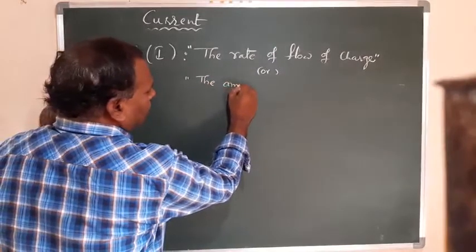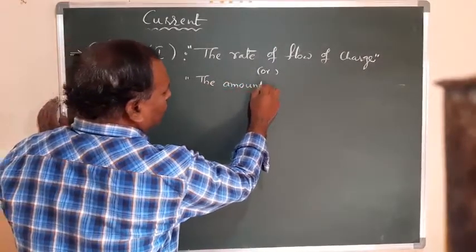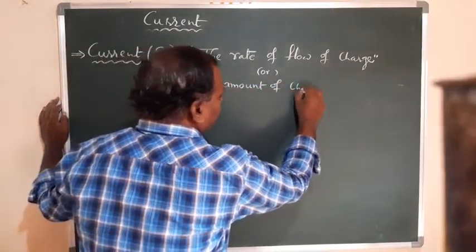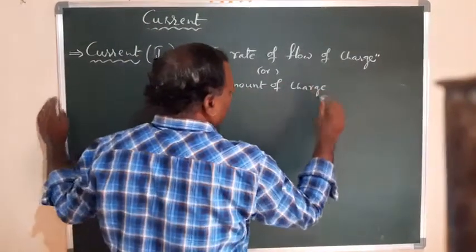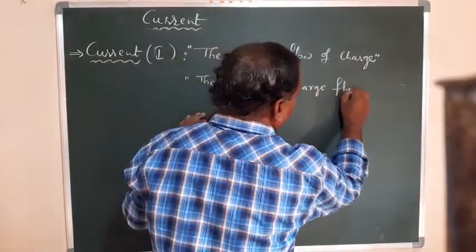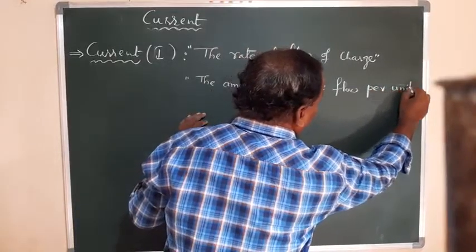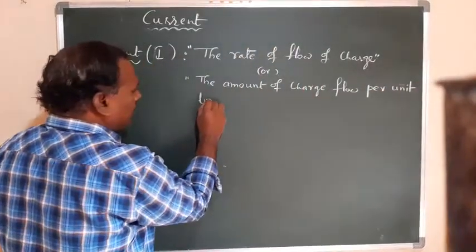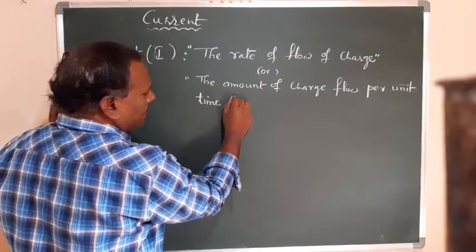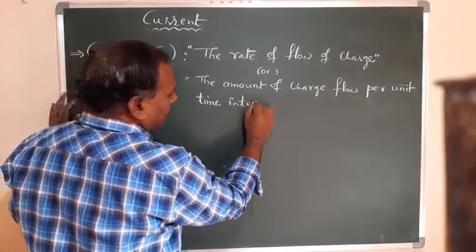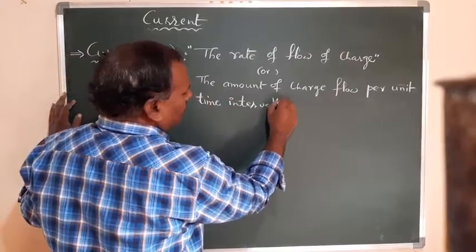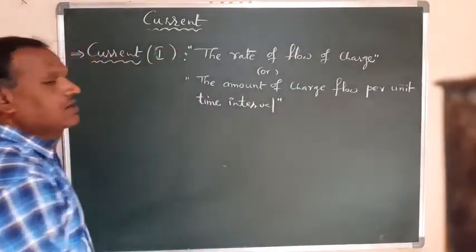The amount of charge flowing per unit time interval is called current.